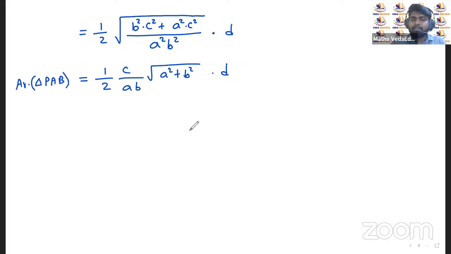Now we can equate these two areas, the second one and the first one.